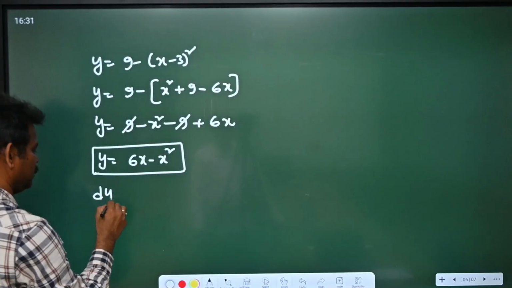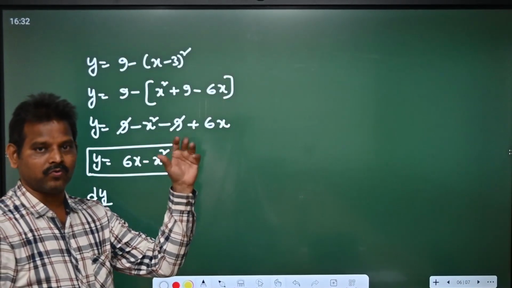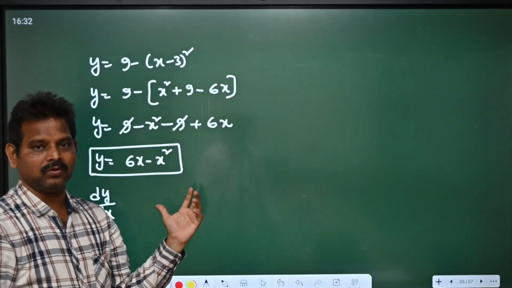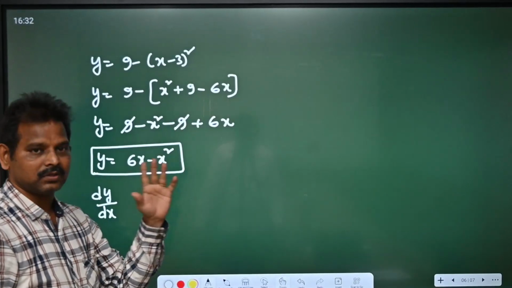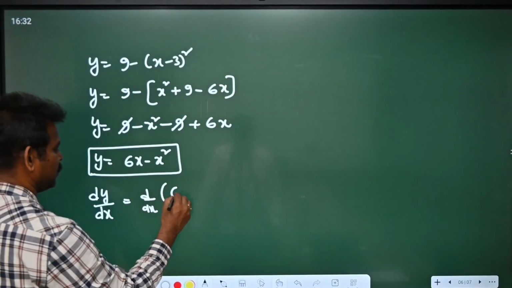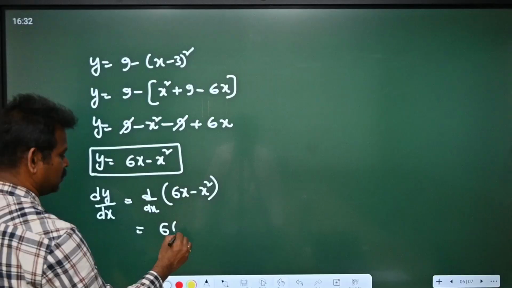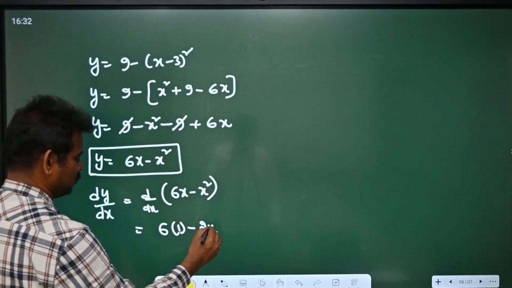Now we will write dy by dx. To find out the maximum value, first of all, we need to make this dy by dx equal to 0. That is dy by dx of 6x minus x square. This is 6 into 1 minus 2x.